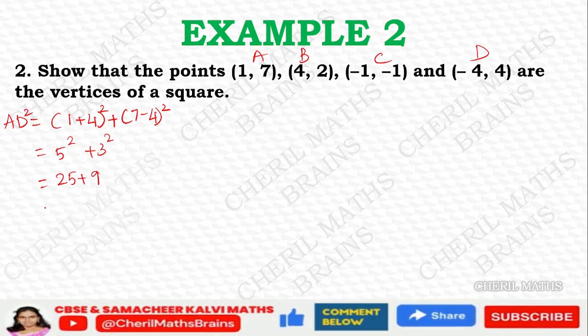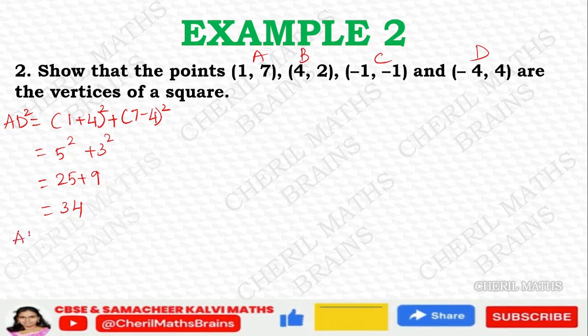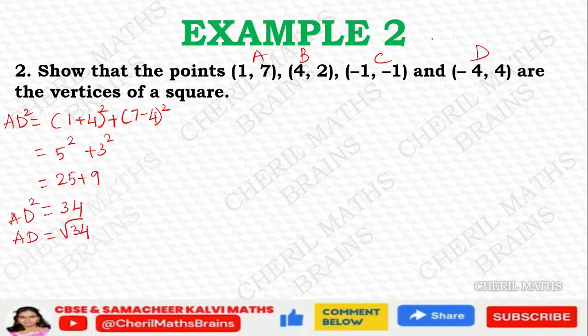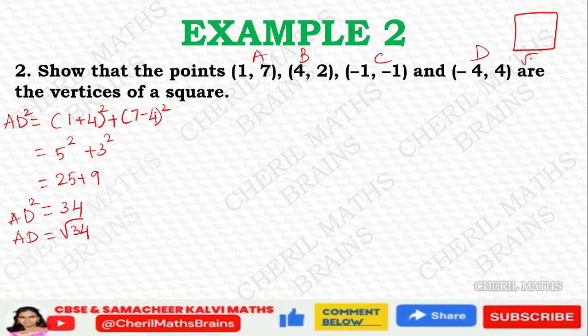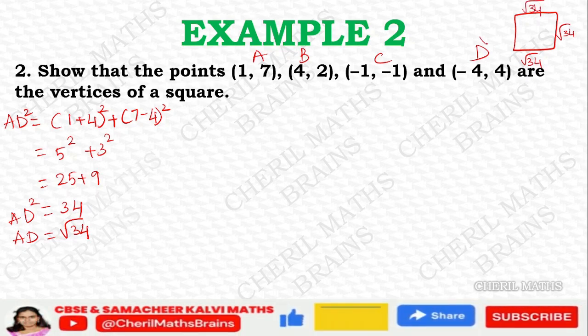Here it is square, children, please don't make a mistake here. So AD square is 34, AD is equal to root 34. Now we can say that the sides are all the same: root 34, root 34, root 34, and here also root 34.